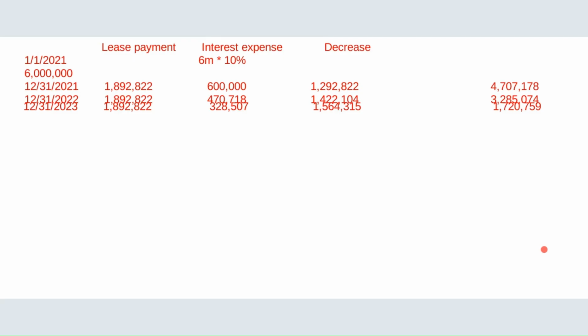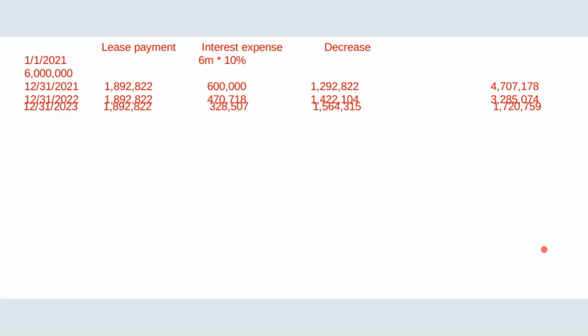Okay, so we have interest expense. And you probably can't see this, right? Interest expense of 600,000, and we're also going to decrease our payable by the amount that was allocated to principal, which is the 1,292,822, and we're going to credit cash.